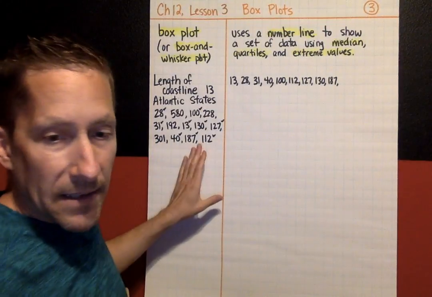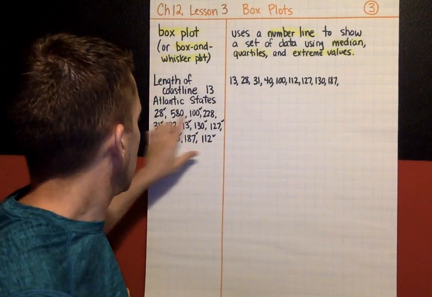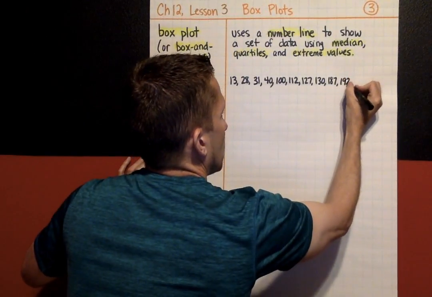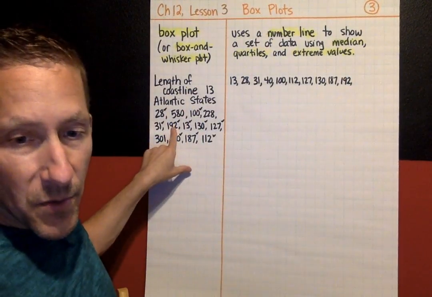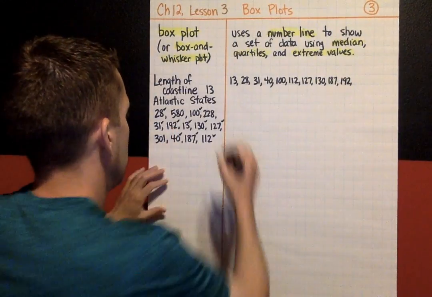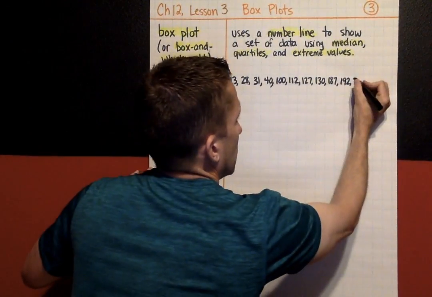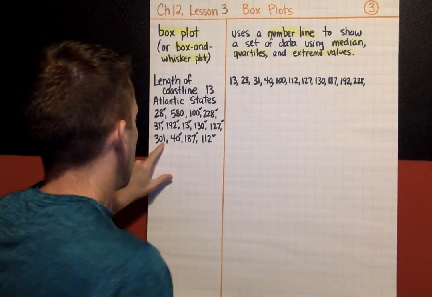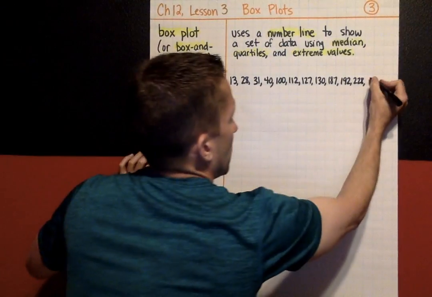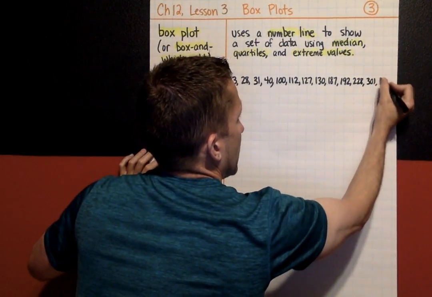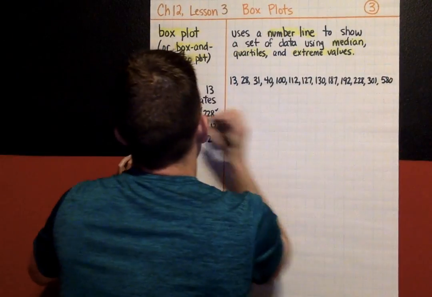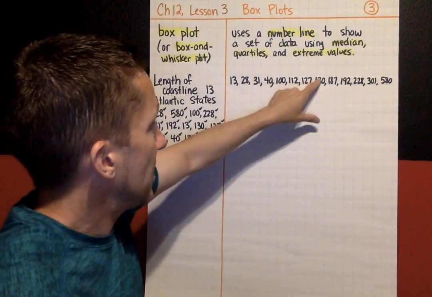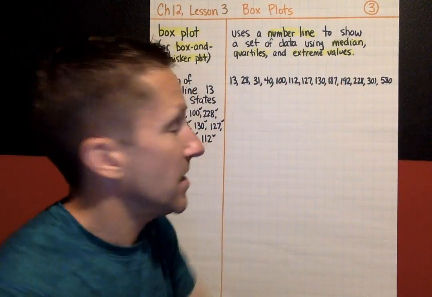After 187, I'm looking at my list here because that's going to be faster. 192. After 192, we've got 228. And after 228, 301, and then 580. 1, 2, 3, 4, 5, 6, 7, 8, 9, 10, 11, 12, 13.